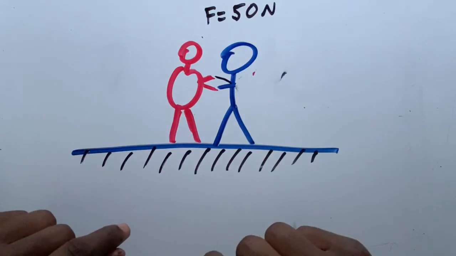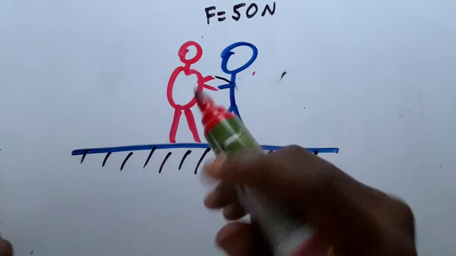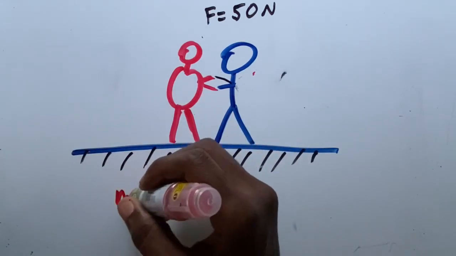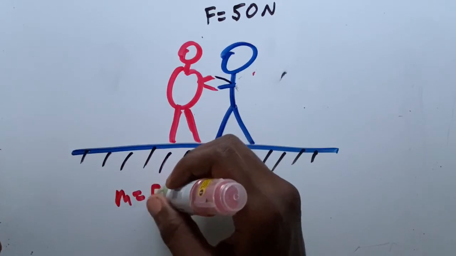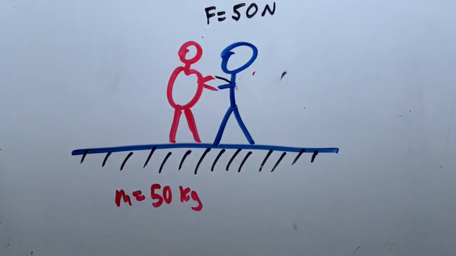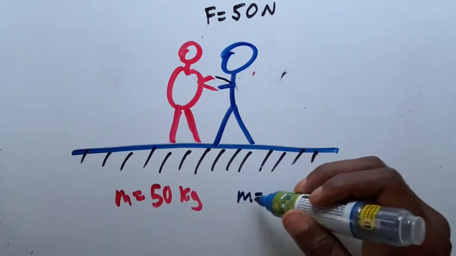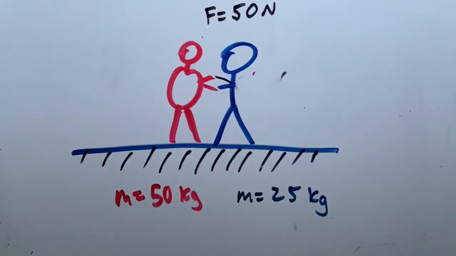That's how much force y'all push on each other. Now, let's say this person has a mass of, let's go with 50 kilograms. And then this person is half of that. He has a mass of 25 kilograms.